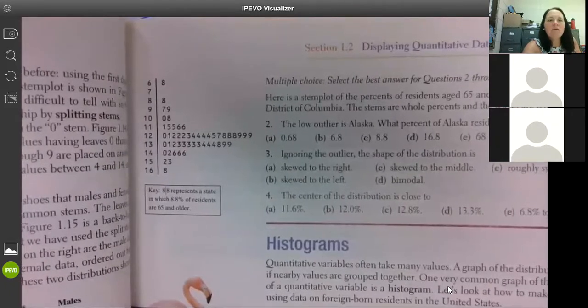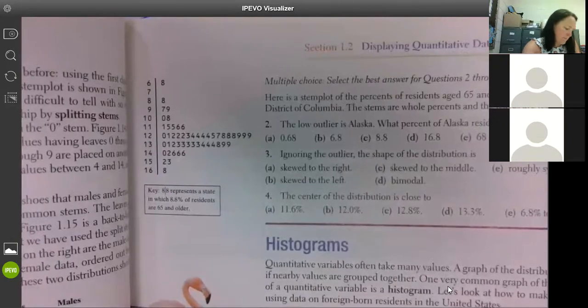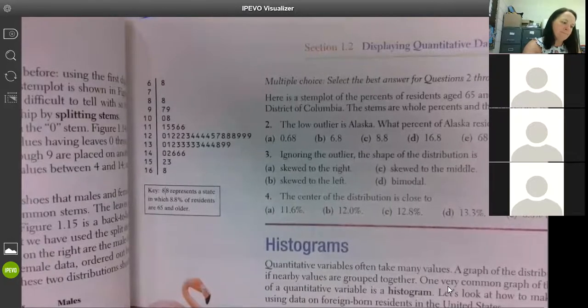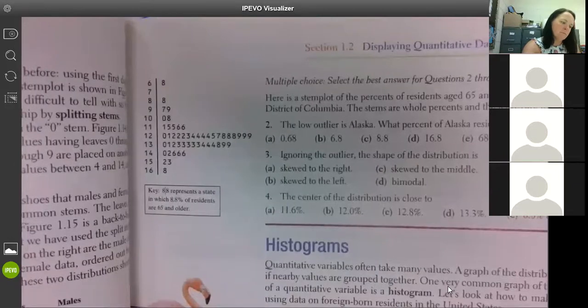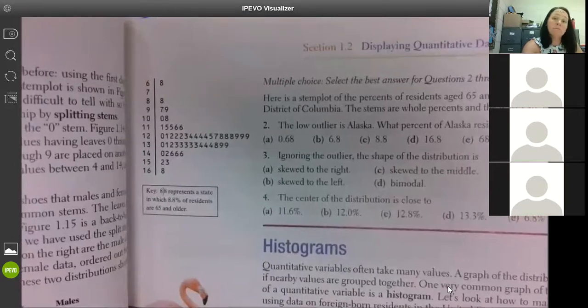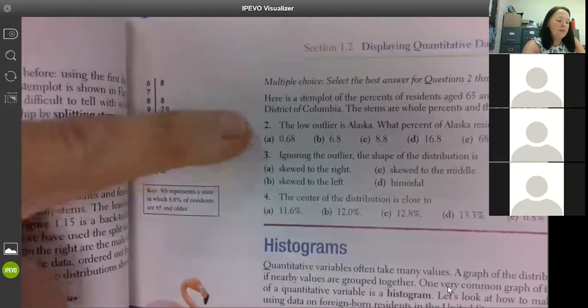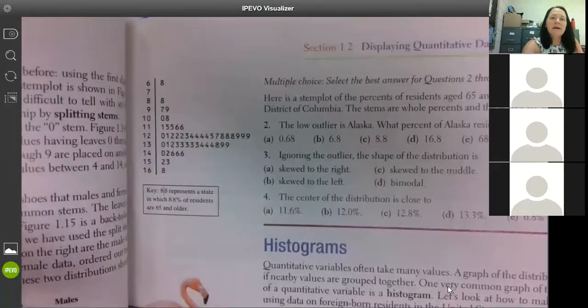65 or older. How do we figure that out? Is it 6.8? Yes. Why? Because the ones on the left side are the first number before the decimal.